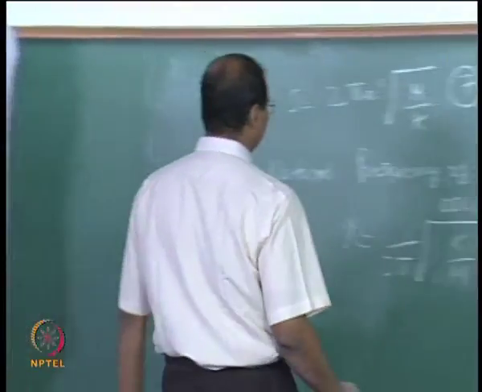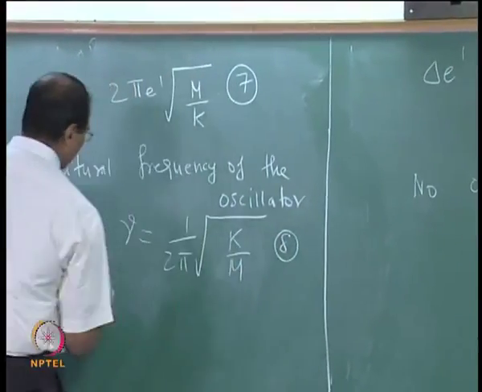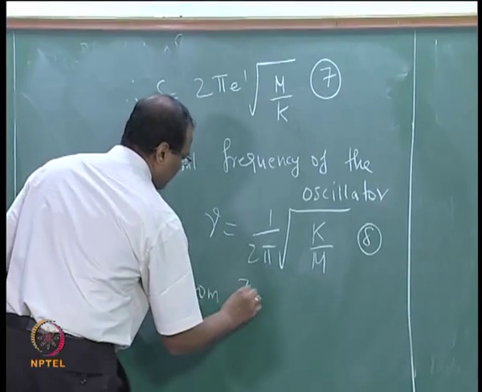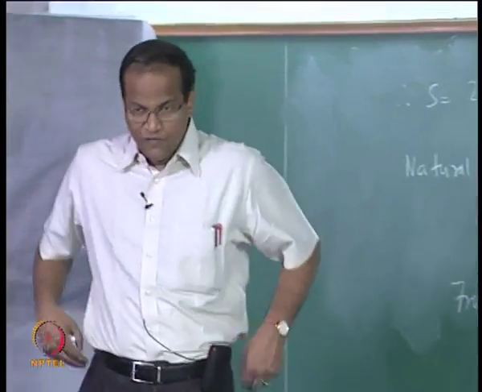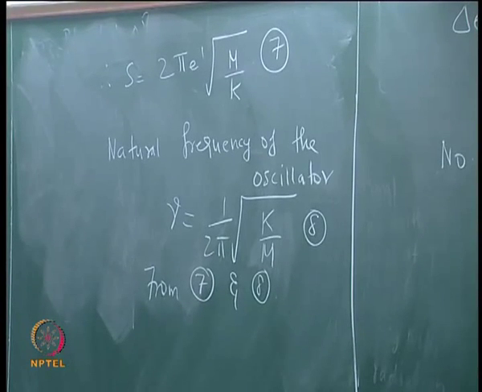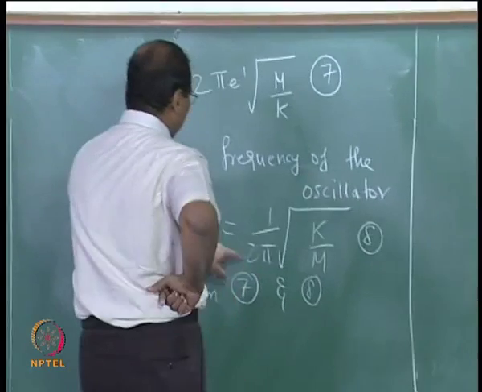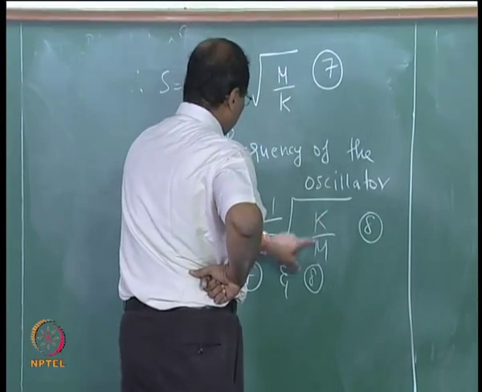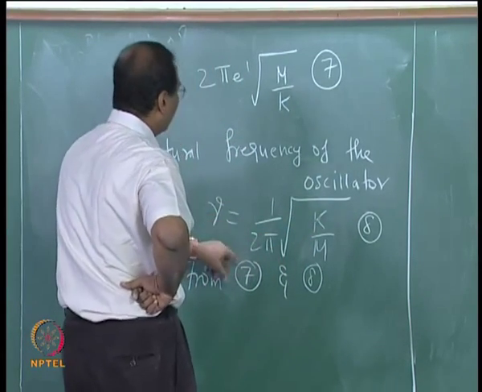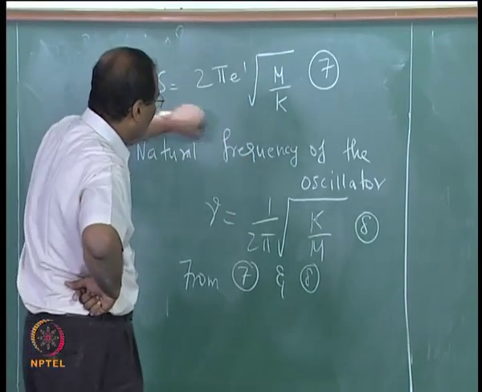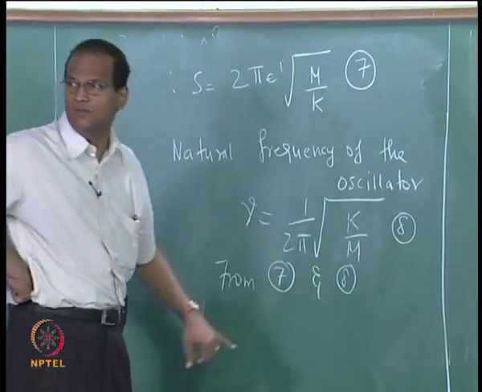Yeah, from 7 and 8, S is equal to E dash by nu, very good. From 7 and 8 you can just substitute for this, right. So root of k by m will be 2 pi nu, root of m by k will be 1 by 2 pi nu, substitute, 2 pi will get cancelled, so S will be E dash by nu, okay.